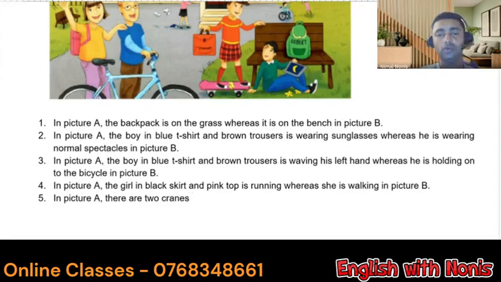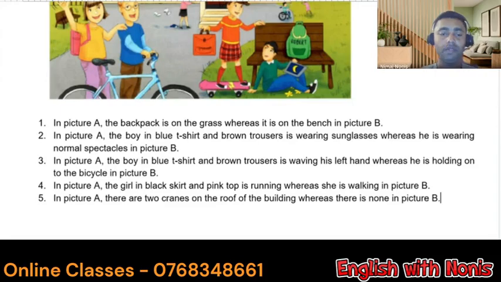There are two cranes, or you can say birds as well, not a problem. There are two cranes on the roof of the building. Whereas there is none in picture B.